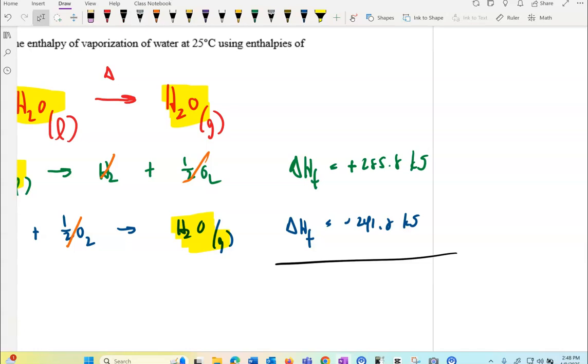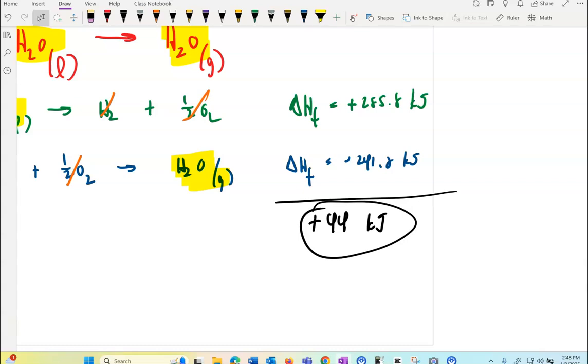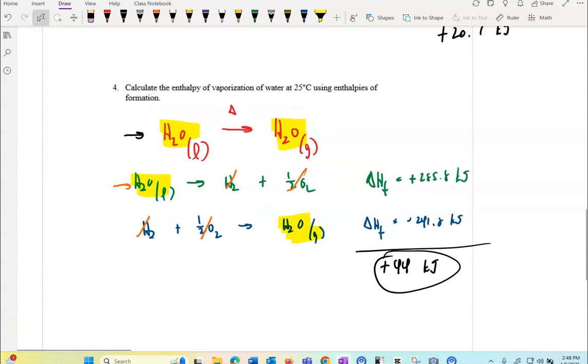I'm going to take positive 285.8 and add to that negative 241.8, and we get our heat of vaporization. The amount of energy necessary to vaporize 1 mole of water is 44 kilojoules. In chapter 10, we saw that as 40.79 kilojoules, so they're pretty close. It doesn't really matter which answer we use, but mathematically, we get this one.